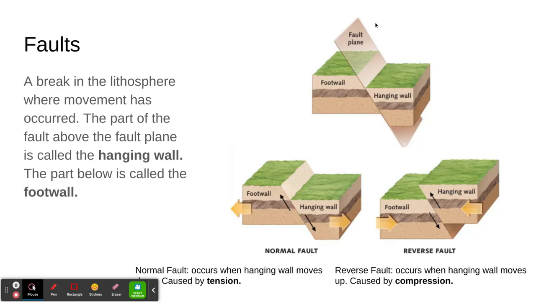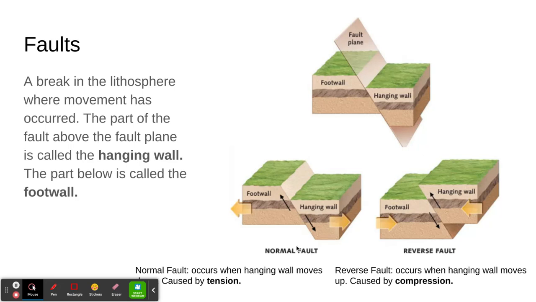This diagram will explain a little more thoroughly. So here's my fault plane. The hanging wall is the wall that's on top of the fault plane, and the footwall is the wall that's below.